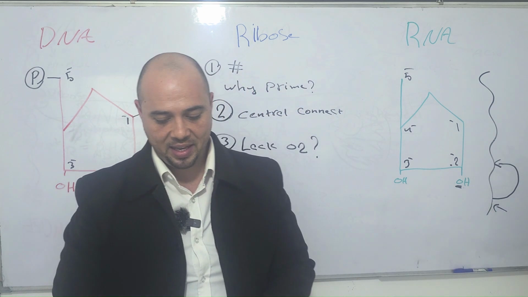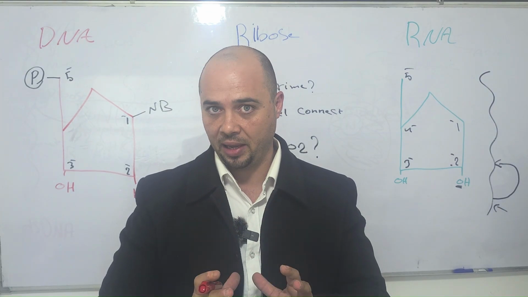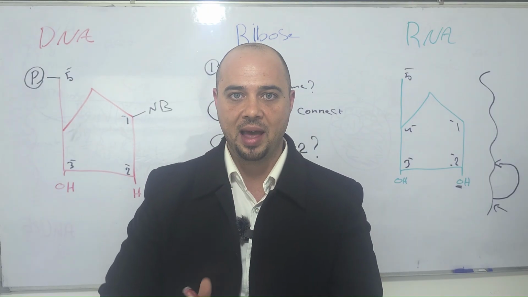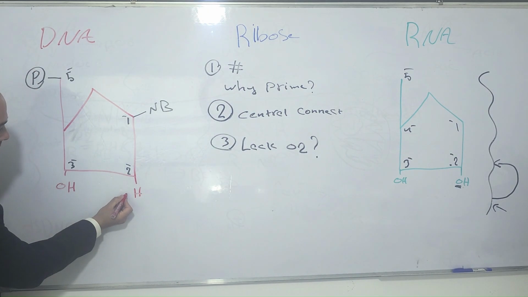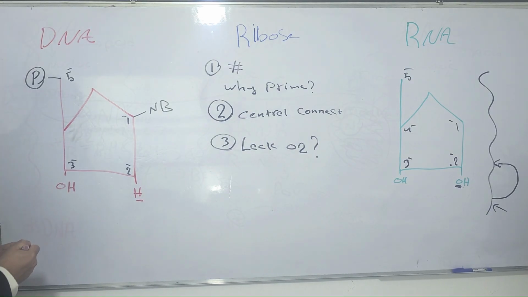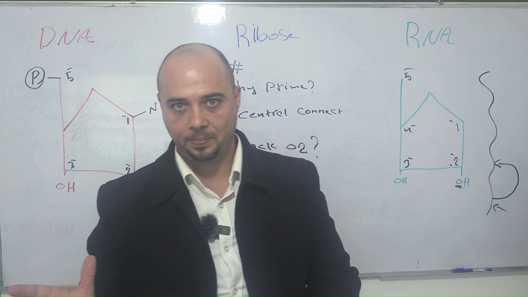Well, the DNA has to survive for a very long time. As long as the cell is living, the DNA must be very chemically stable. How do we achieve that? Well, we simply remove the oxygen that was present here. And that's why DNA lacks oxygen. See, DNA is the genetic blueprint of the cell.